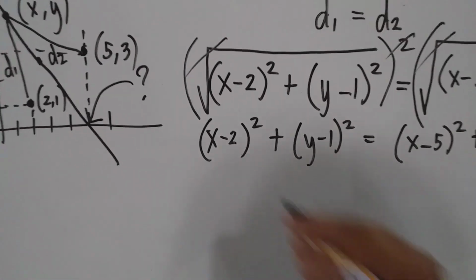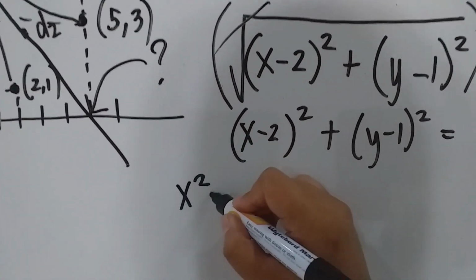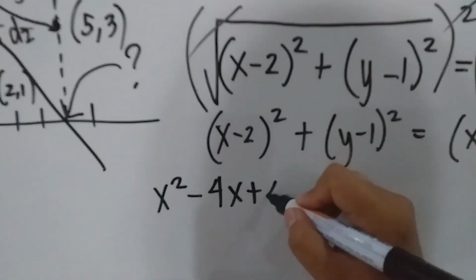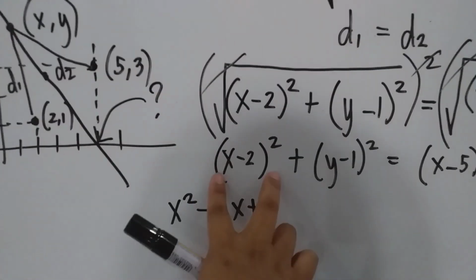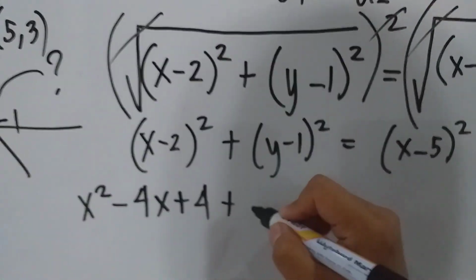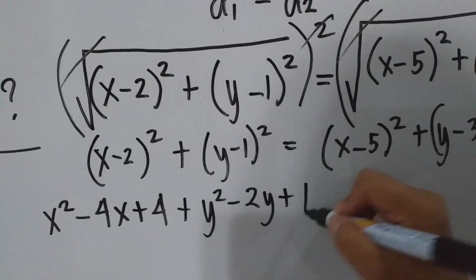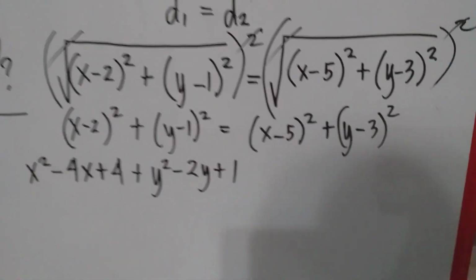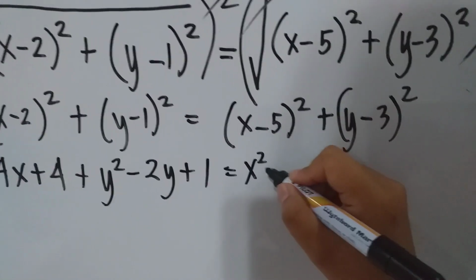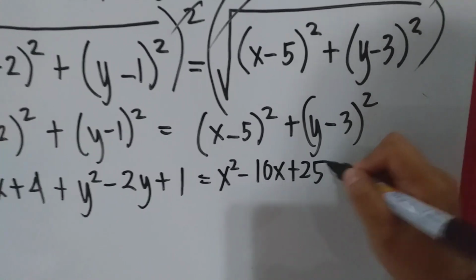Applying that, we have x square minus 4x plus 4. That's the expansion of this one. The expansion of this one is y square minus 2y plus 1, equals, expanding this one, x square minus 10x plus 25.